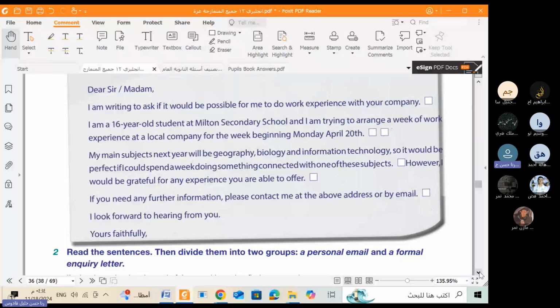What is the purpose of this statement? From the ones above, from A to F. Yes, Malak. Why you are writing, which is C. Yes, good. It is C, why you are writing.